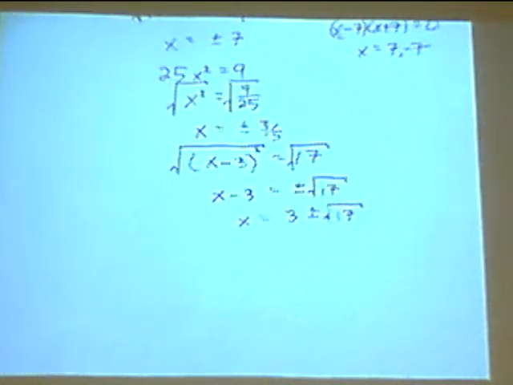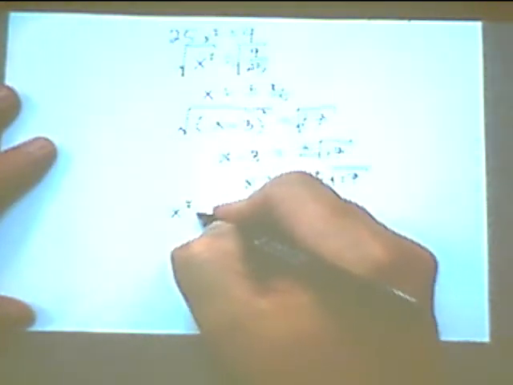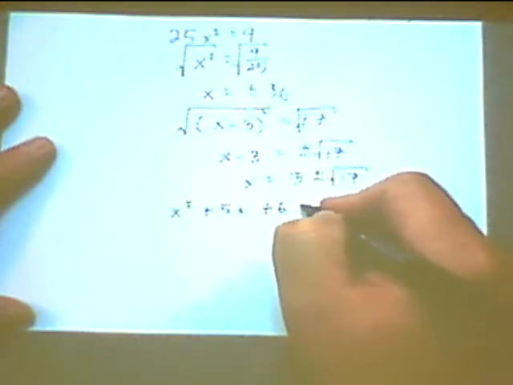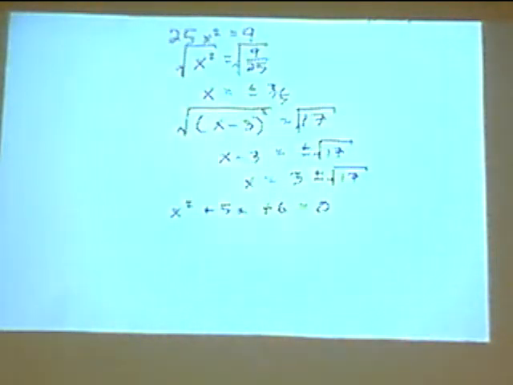Now let me show you an example of a quadratic equation where you cannot use the square root property. And it's really very simple. You notice here, I have x squared, but then I have another term with x.